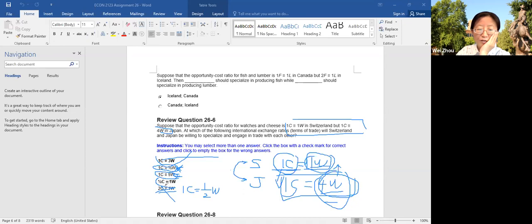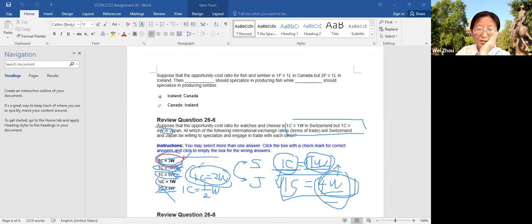Half a cheese, 1 watch. You multiply by 2 on both sides, equal to 2 watch. Okay, that looks like a good deal, right? Because Switzerland can sell 1 cheese for 2 watch, which is higher than how much it costs them to make, and it's cheaper than how much it costs Japan to make. So this one and this one are both good.